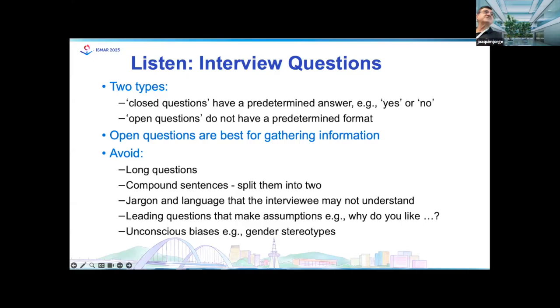Avoid long-winded questions, especially compound sentences, jargon, and language that people do not understand. Maybe details about IP or real-time protocols, which non-technical people might have trouble with. Leading questions that make assumptions are a problem. Why do you like... No, wait.